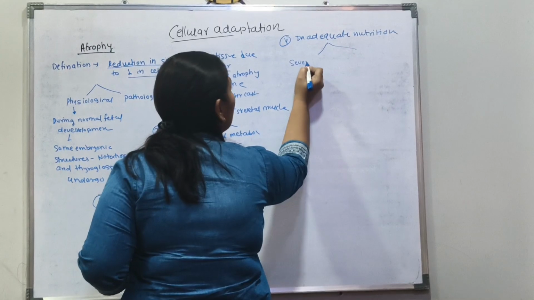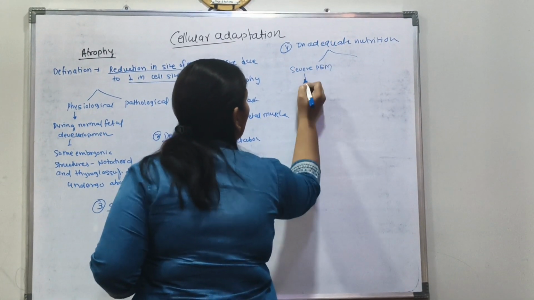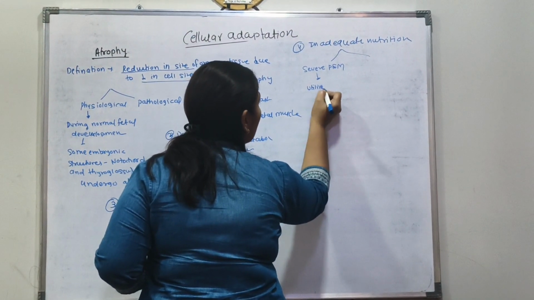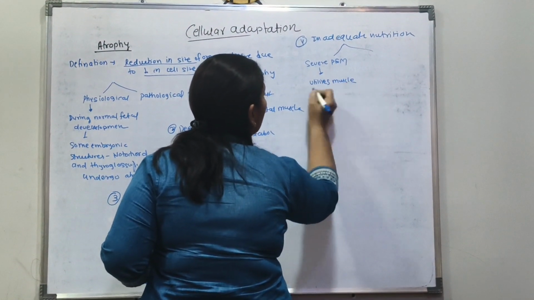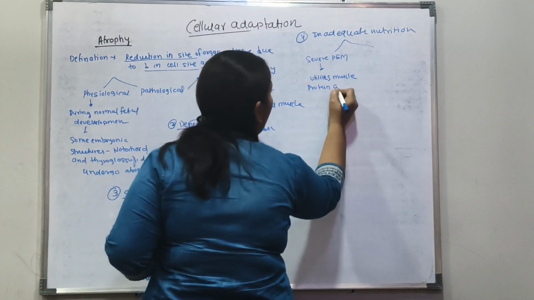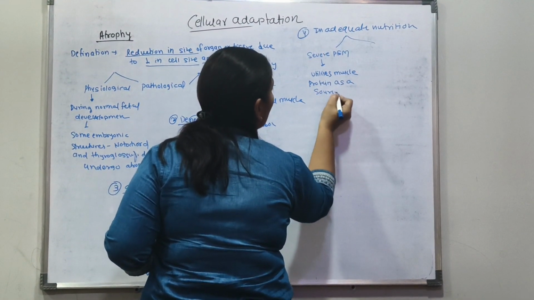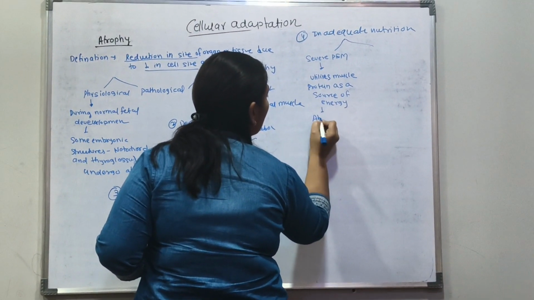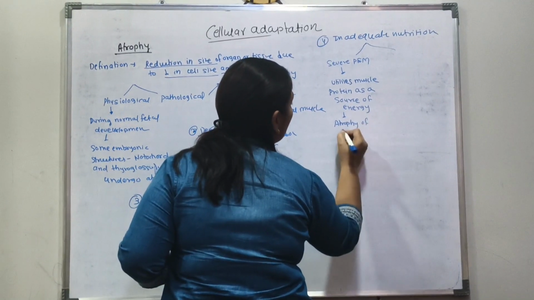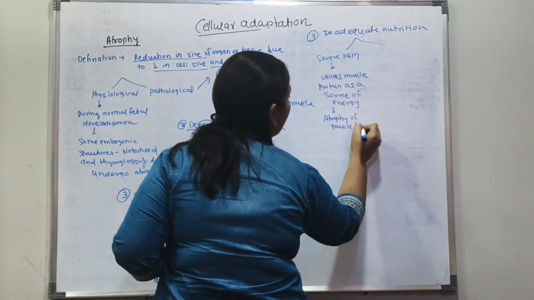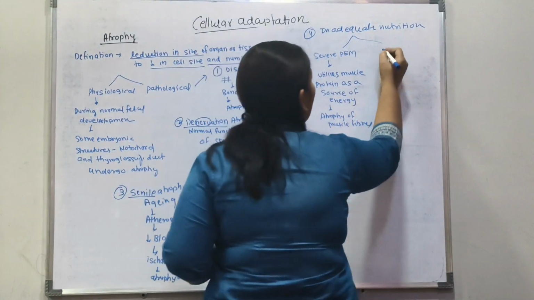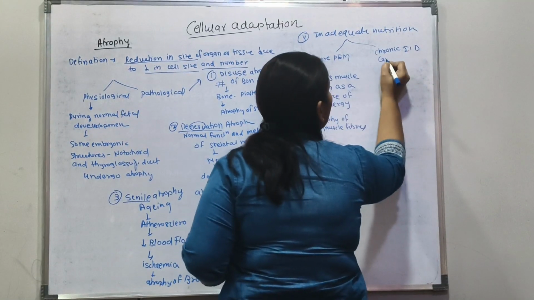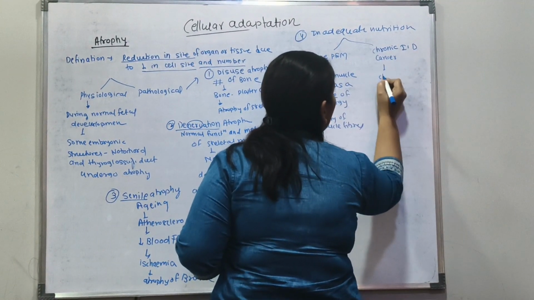Whenever there is severe protein energy malnutrition, the body utilizes muscle protein as a source of energy, which leads to atrophy of muscle fibers.